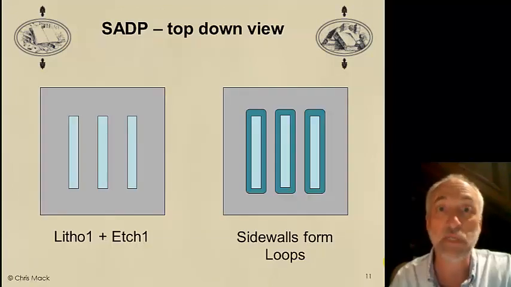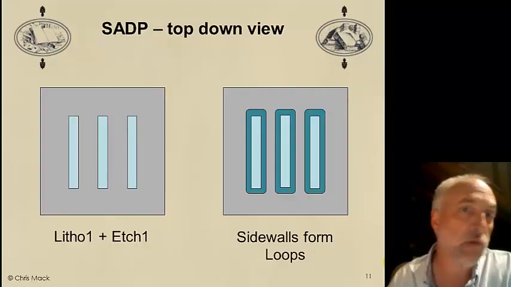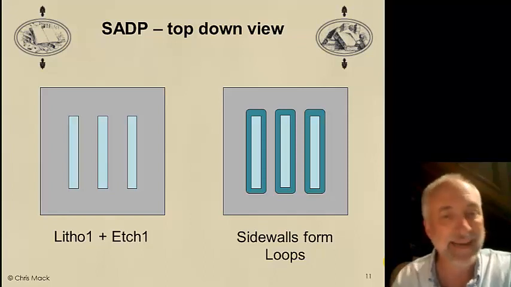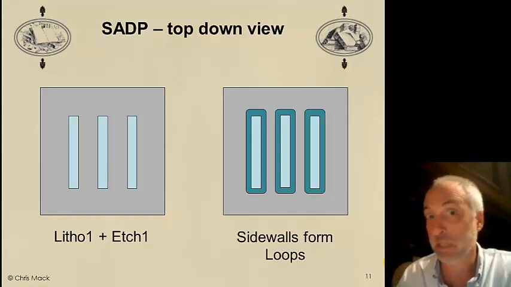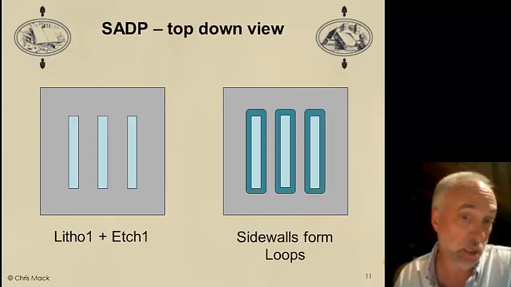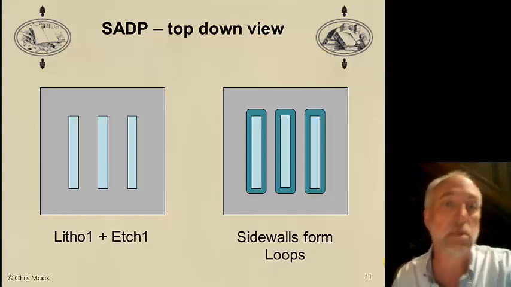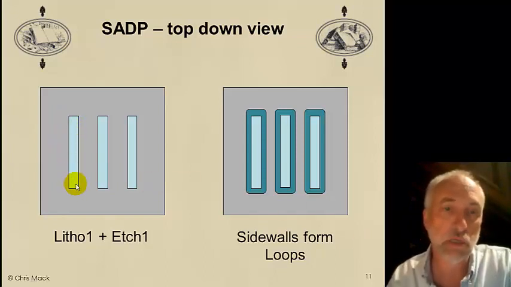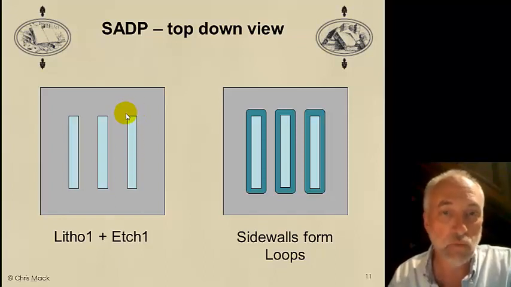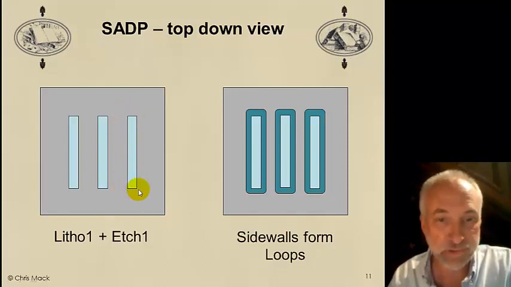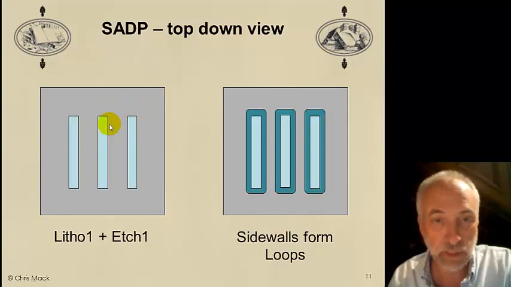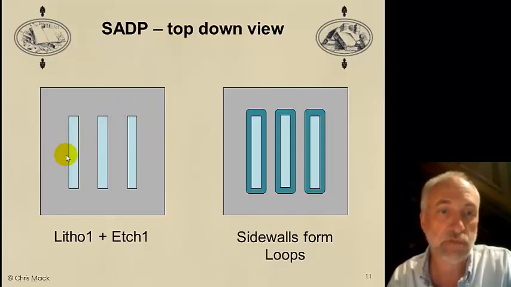Let's take a moment and look not in cross-section, but at top-down on what this SADP process looks like. So after we've done the first litho and the first etch, suppose we're printing 3 lines as shown here. So these would be the mandrels, the dummy patterns, and then when we create the sidewalls around each of these, in cross-section it looks very simple.